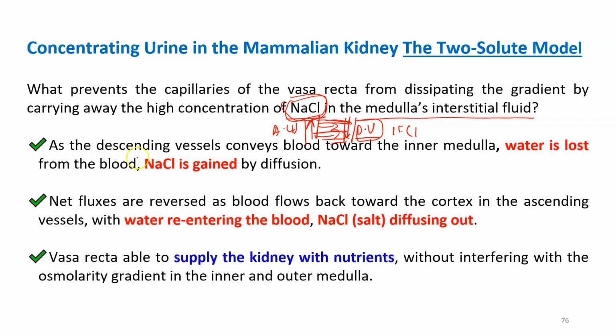It says here, as the descending vessels convey blood towards the inner medulla, water is lost from the blood. Okay, so sodium chloride is gained by diffusion. Gain ni awak take note.